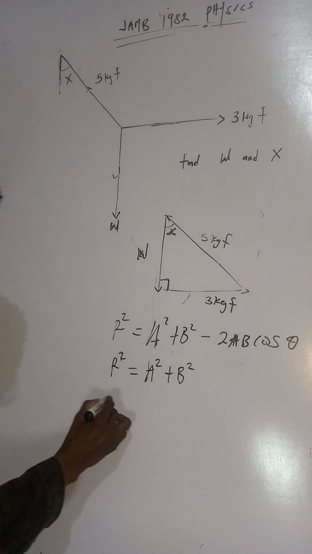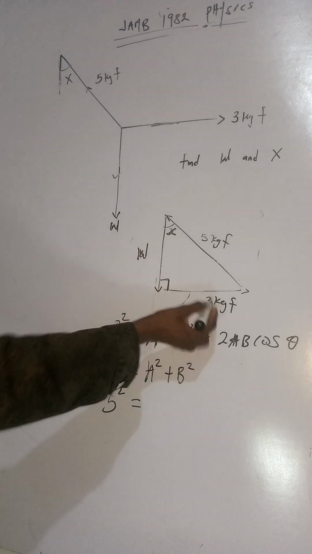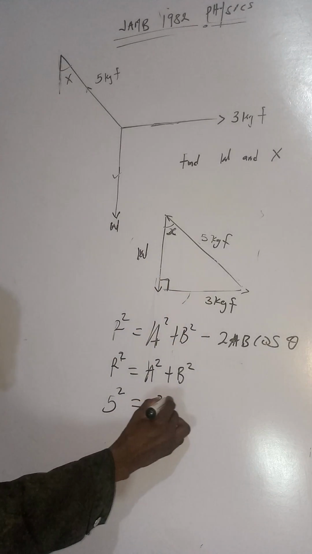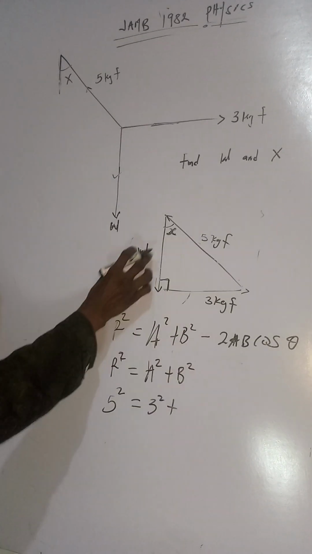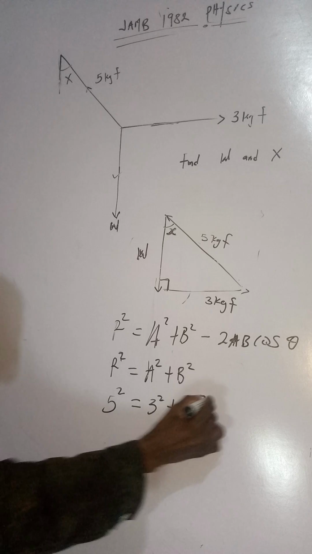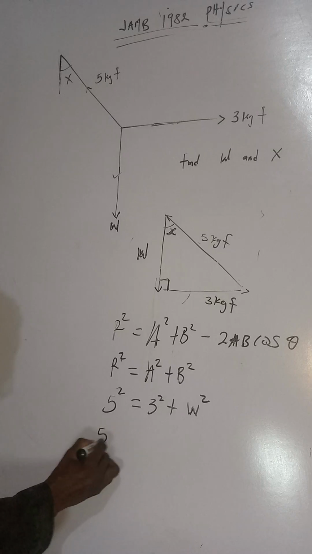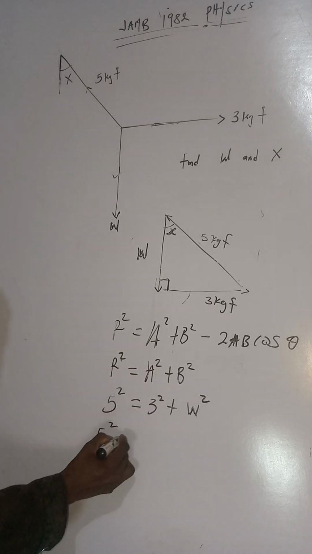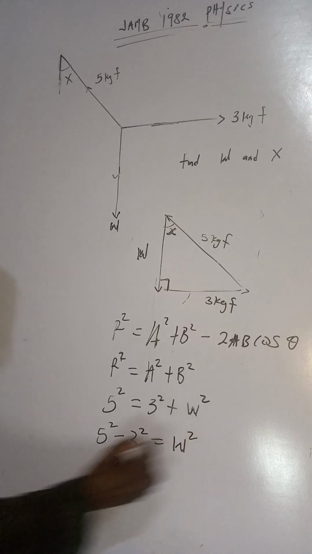So 5 squared equals, let's call this one A, 3 squared, plus B, let's call B this side, so W squared. This makes a lot of sense now. We collect like terms. Taking 3 squared to this side, we now have 5 squared minus 3 squared equals W squared.